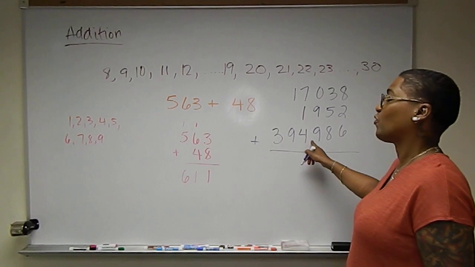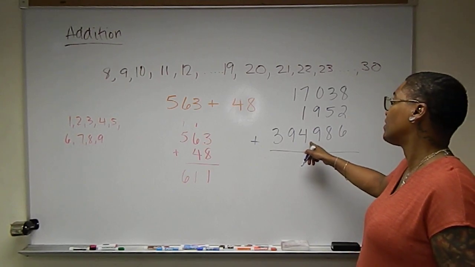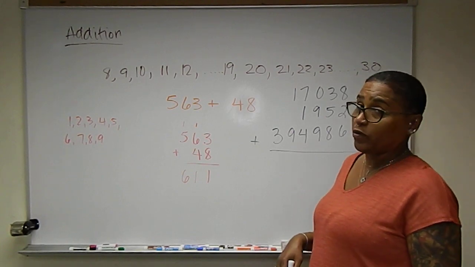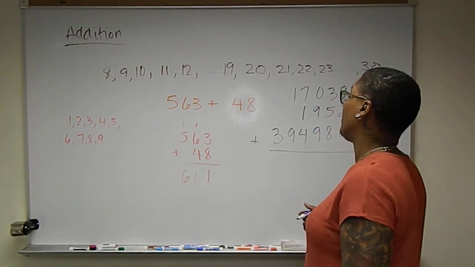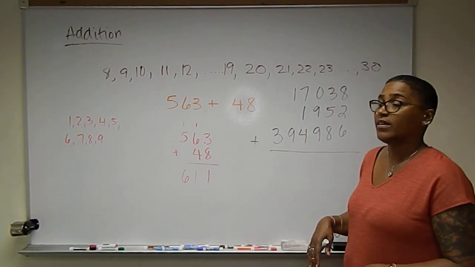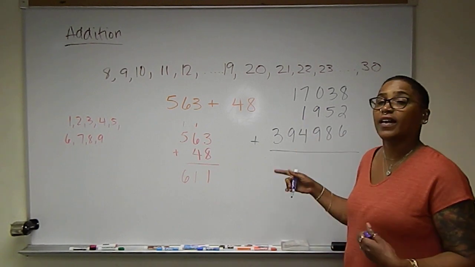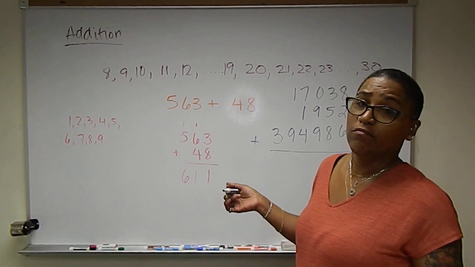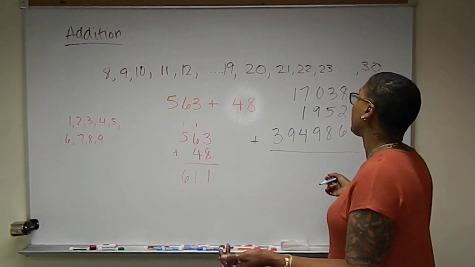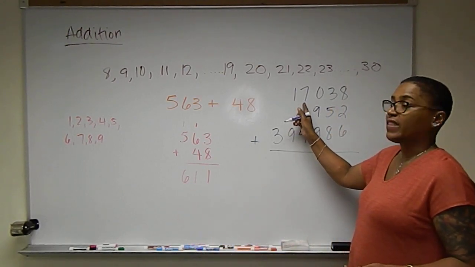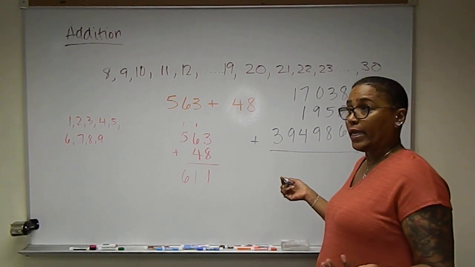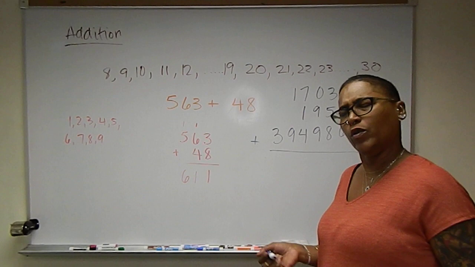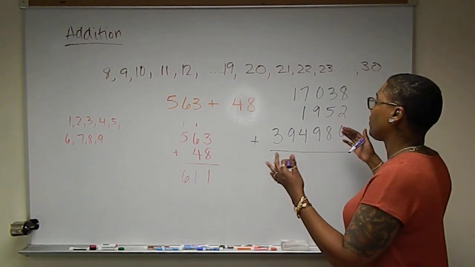Maybe we had 394,986 marbles, and we put all of those in the bag. And then we probably had 1,952 jacks. We put all those in a separate bag. Then we had 17,038 pebbles. We put those in a separate bag. We just separated them all.